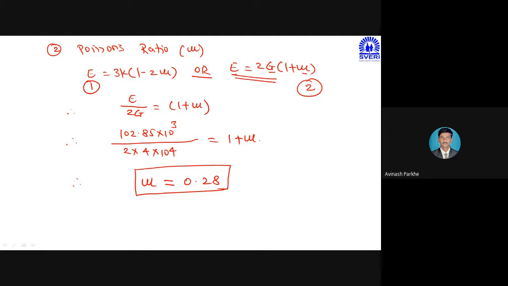Do the calculations properly. Yes, 0.28, it is correct. Others, please check your answer. Yes, 0.28, this is correct.